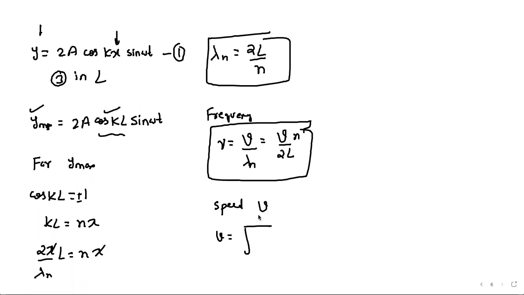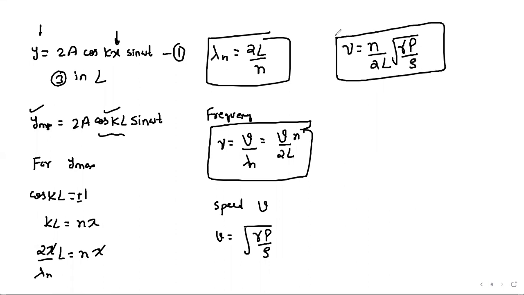This is the expression of speed. If I make these substitutions here, frequency will be n by 2L into V, which is root over gamma p by rho. This is frequency, n by 2L root over gamma p by rho.